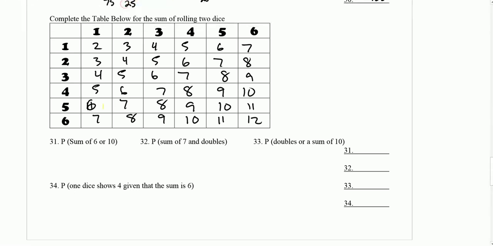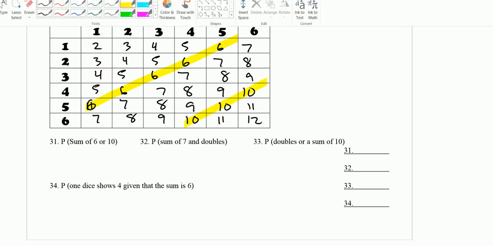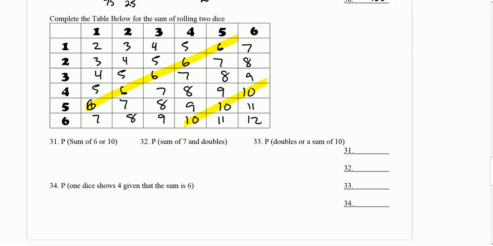So we just need to count up how many 6s we have and how many 10s we have. We got 1, 2, 3, 4, 5 6s and 1, 2, 3 10s, so 5 plus 3 out of the total, we have 36 different sums. So 8 out of 36.